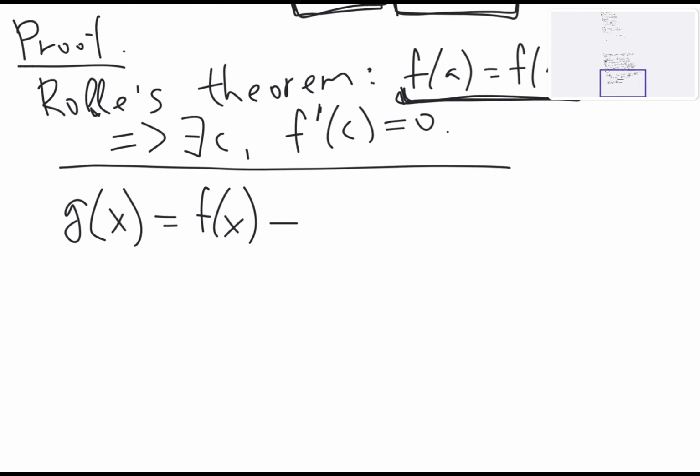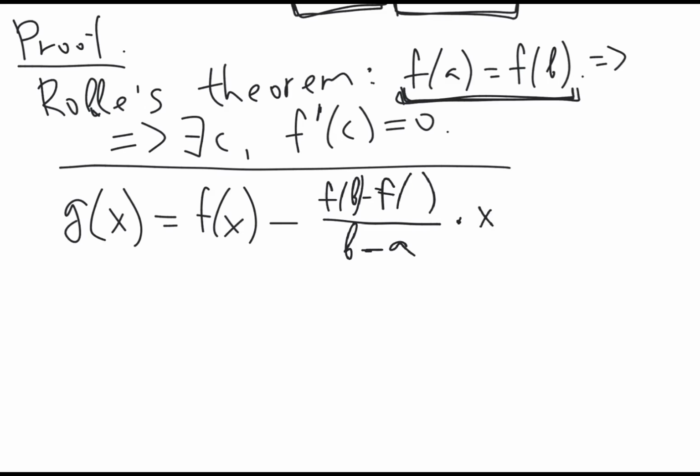It doesn't depend on x, so f of b minus f of a over b minus a, multiplied by x. So we define this new function g of x.